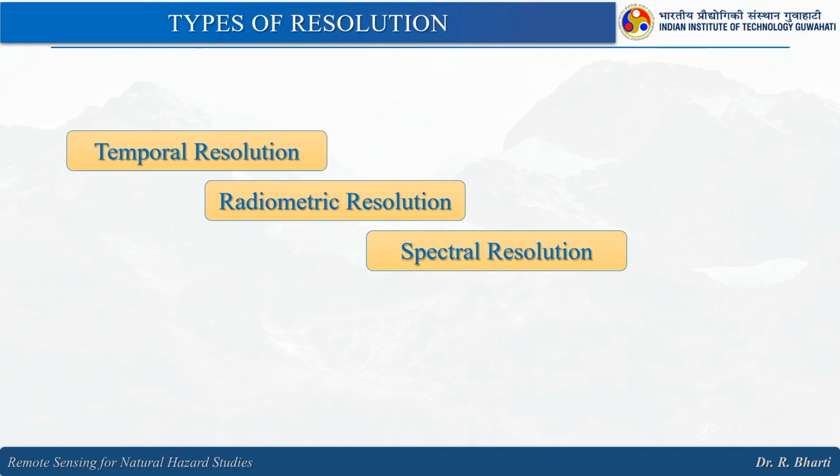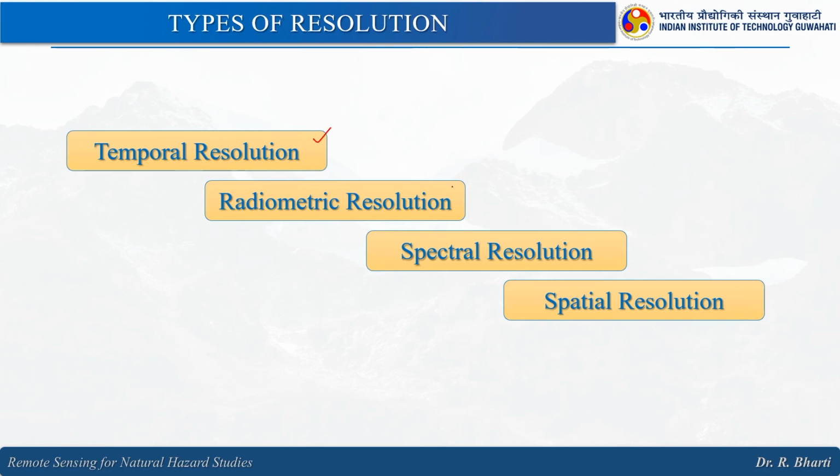images. So, to understand remote sensing, you need to understand the resolution, because this will help you to identify the appropriate images or the satellite or the sensor, which will help you to gather the information which is required in your study.